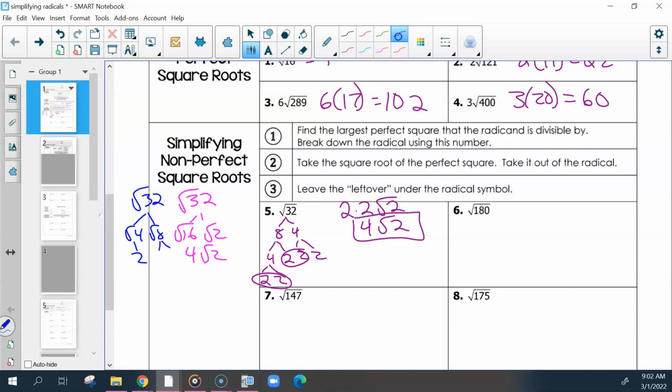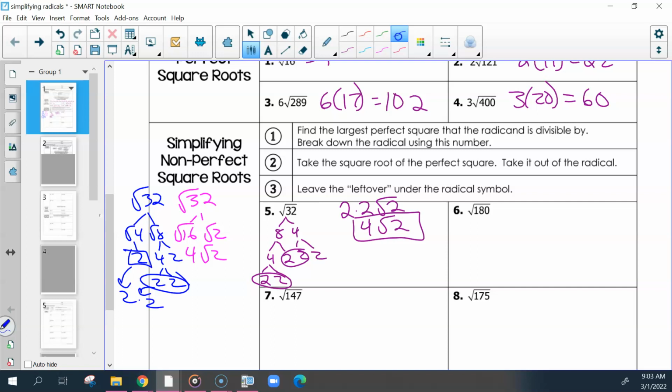So here I will be listing out the factors, 4 times 2, and then I have to break it down again, 2 and 2. So then you would have the 2 that came out already. That square root of 4 became 2. So that would have come out already. Then we have a group of 2's that's also going to come outside of the square root.